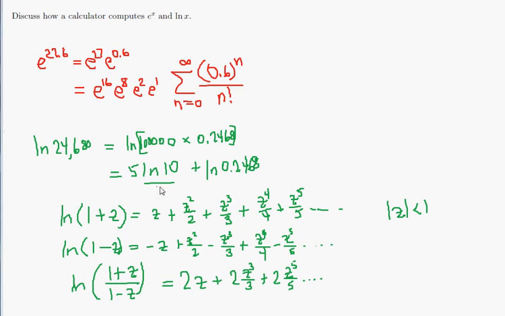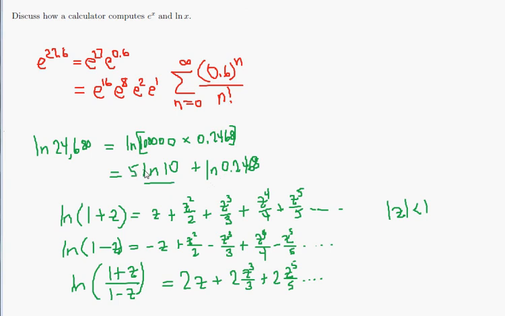So all this to say, to get the natural log of 0.2468, what needs to be done is to find the value of z so that 1 plus z over 1 minus z is equal to 0.2468. So solve for z. Once that value of z is known, then we plug into the right-hand side, and we take enough terms to evaluate the second part of the expression up here.